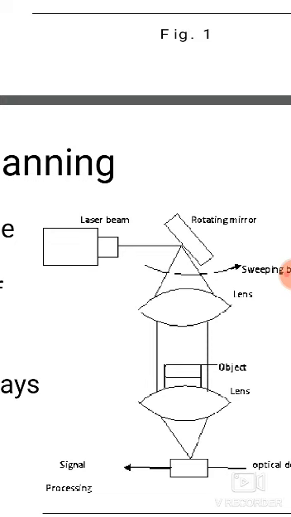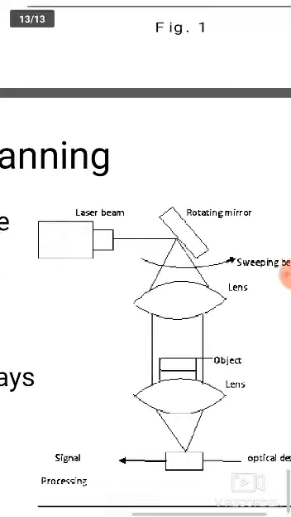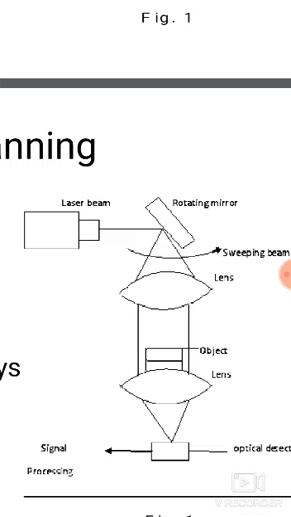Next, a rotating mirror is kept here. The rotating mirror deflects the beam so that it sweeps across the object to be measured.